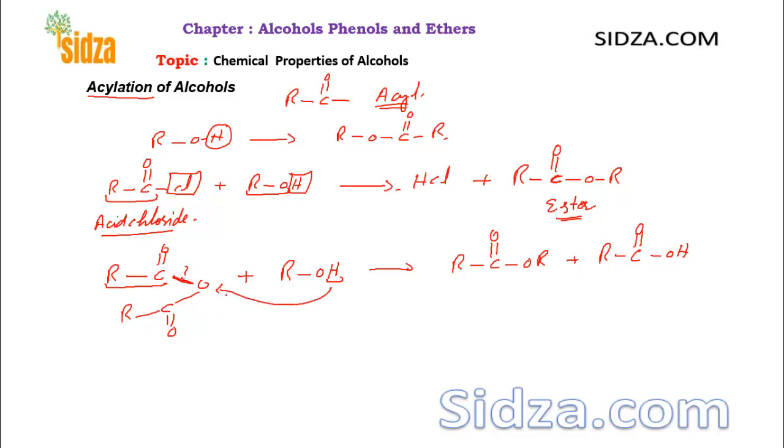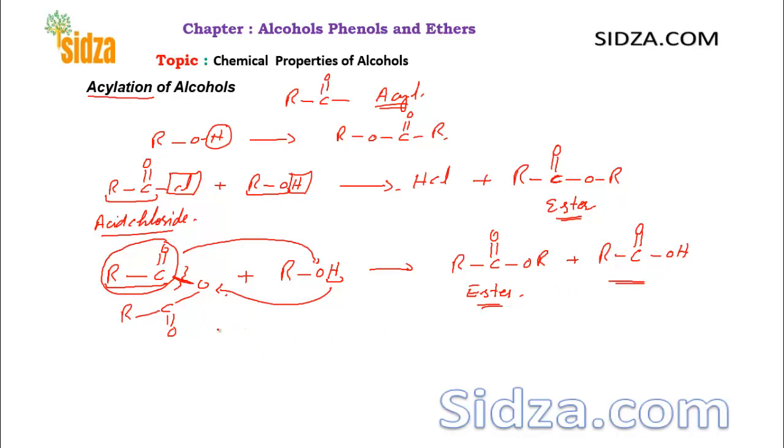The acyl group attaches on the oxygen and you get an ester first, and the hydrogen which is replaced reacts with the RCO group and you get the carboxylic acid. This is called acylation.